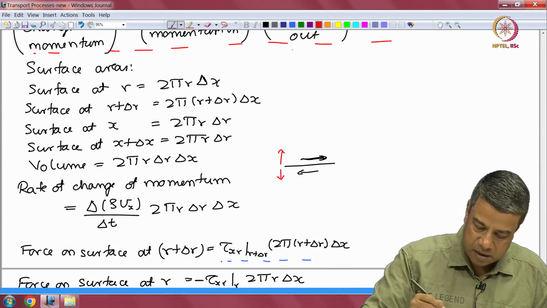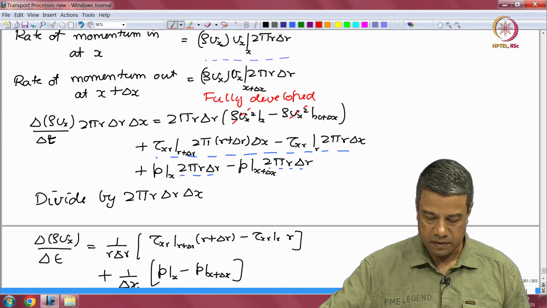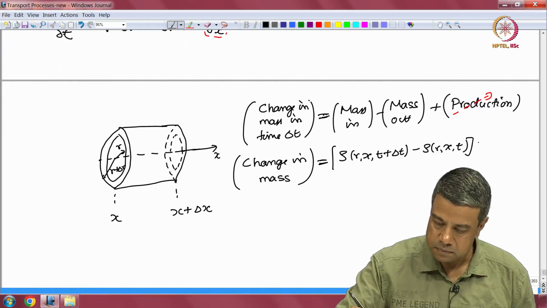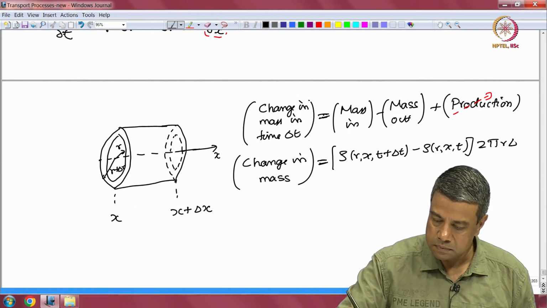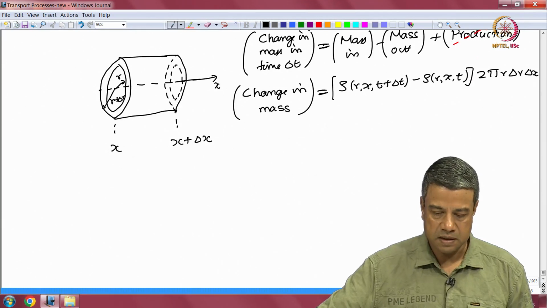Volume is 2 pi r delta x. We had already seen that earlier. So, that is the change in mass.